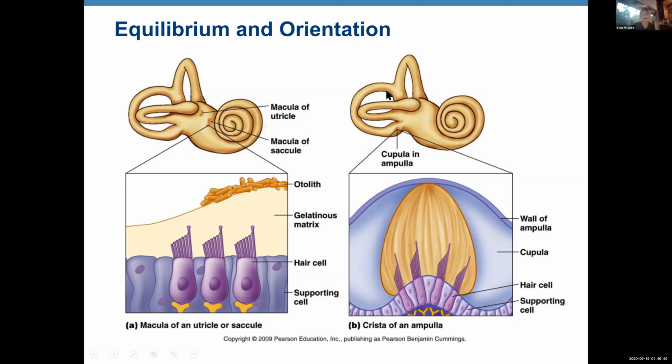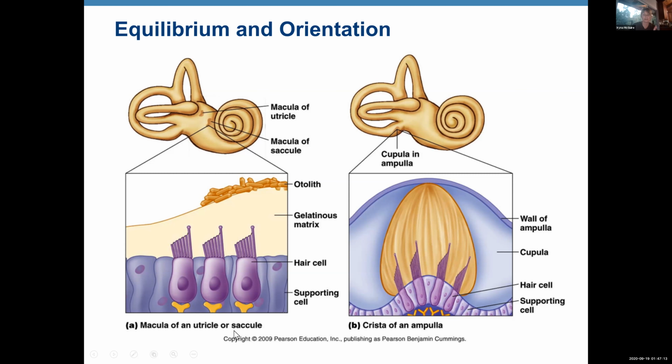And now semicircular canals, again, are bony structures. Inside we have semicircular ducts, membranous structures, and inside we have a sensory organ called the crista in the ampulla. Sorry, the ampulla is a membranous structure, and the crista is sensory. So crista is in the ampulla and macula is in the utricle and saccule.